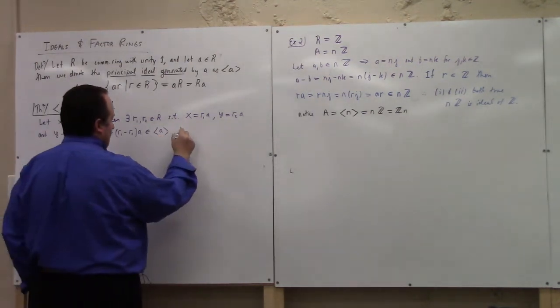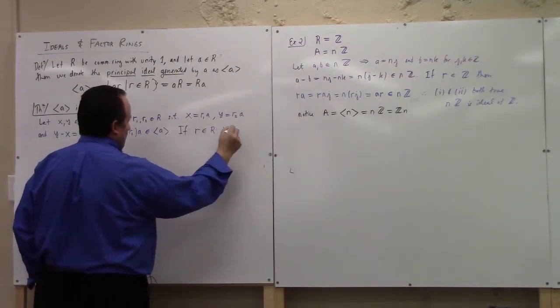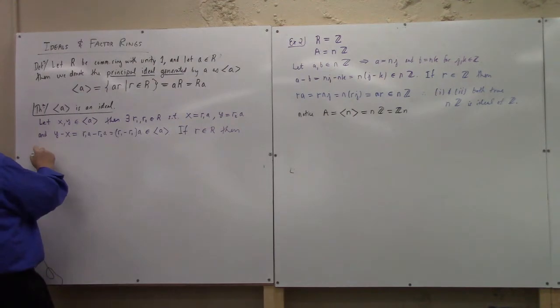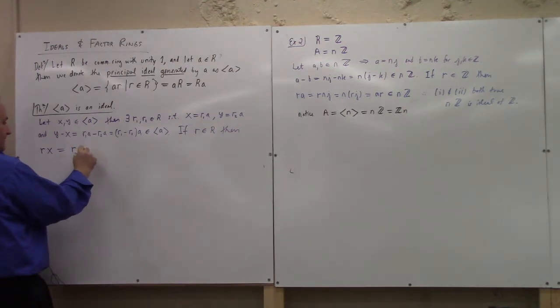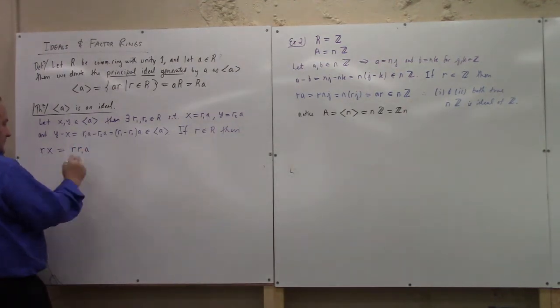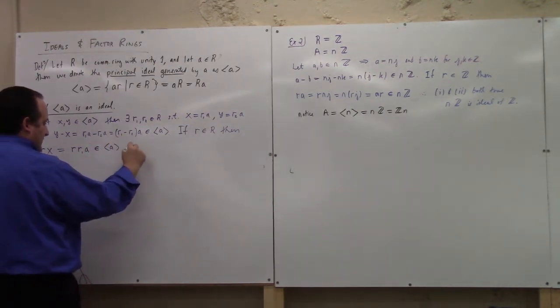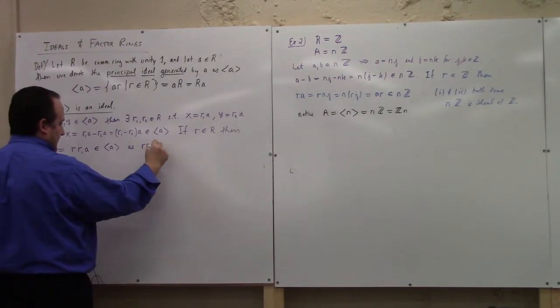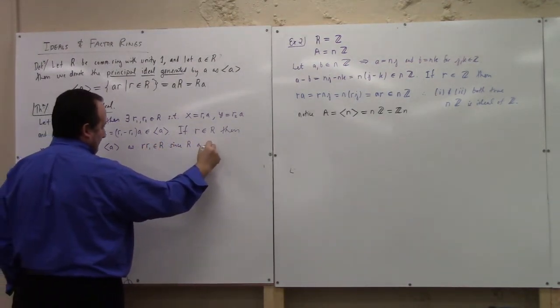If r is an element of R, then rx is equal to r r1 a, which is again an element of the principal ideal generated by a, as r r1 is an element of R, since R is a ring.